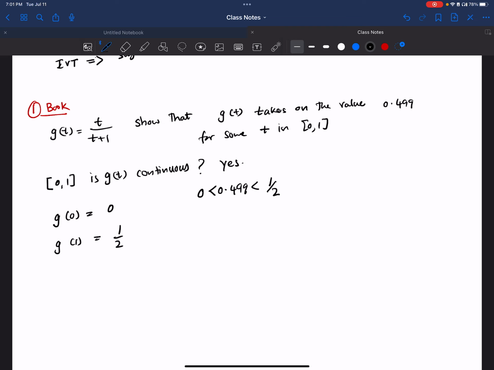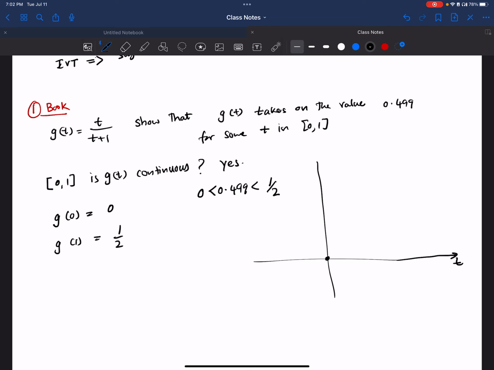So if I assume this is the curve of g when t goes from 0 to infinity, this is 0, right? And t equals 0, this is t, right?